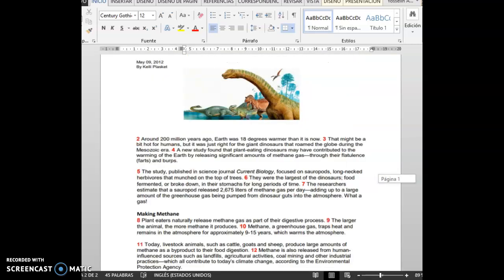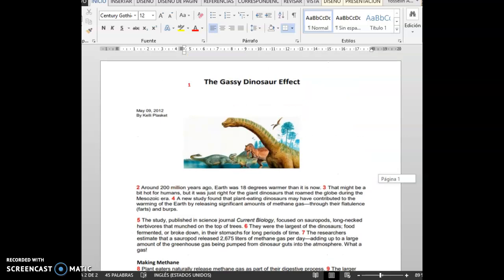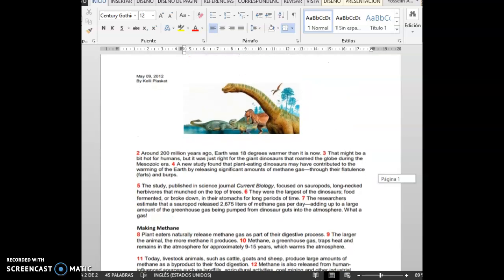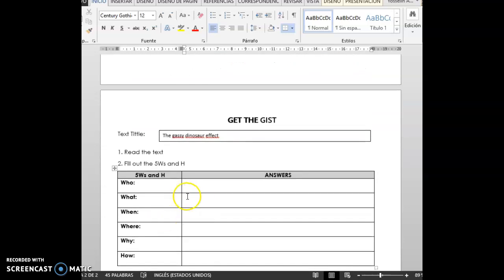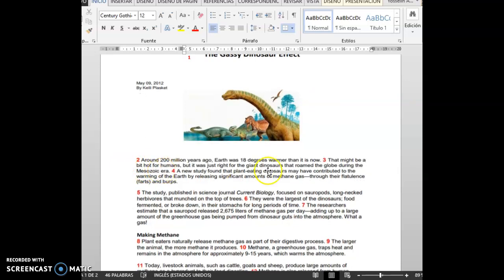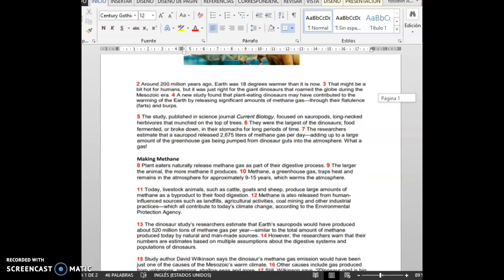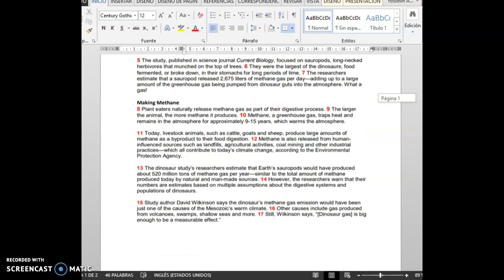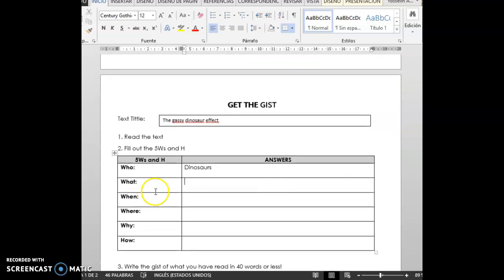Who is the person, or the thing, that the reading is about? Obviously dinosaurs, right? Okay, now what is this about? Let's do a scanning here. A study. Okay, this is a study. After reading this and doing skimming and scanning, we can say that this is a new study.